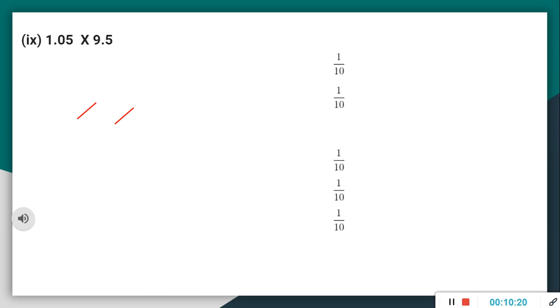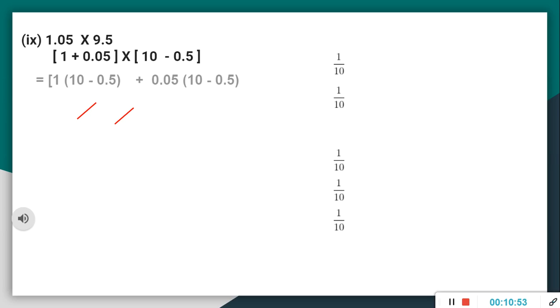So 1.05 can be written as 1 plus 0.05 and 9.5 can be written as 10 minus 0.5. Here we will not get 10 in both cases, because the first one is 1.05. Instead of that, if it is 10.5, then we will get the third identity. But here 1.05 is given, so that is why we split like this. Now we can do it as a multiplication of binomials with the help of the distributive property.